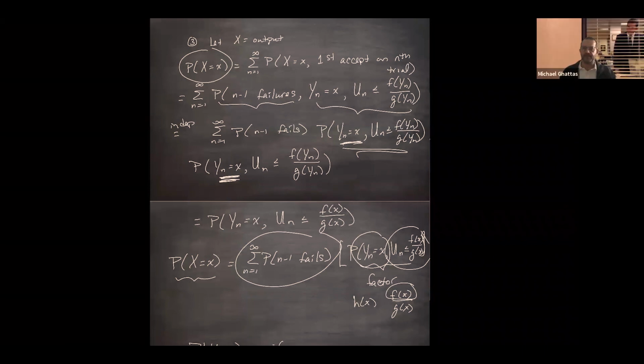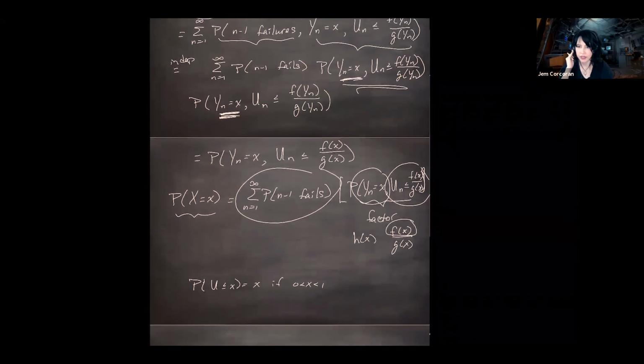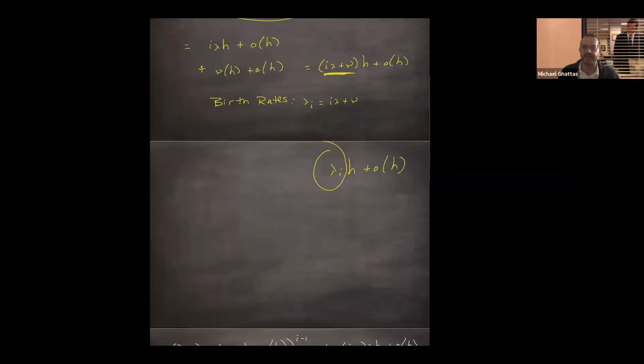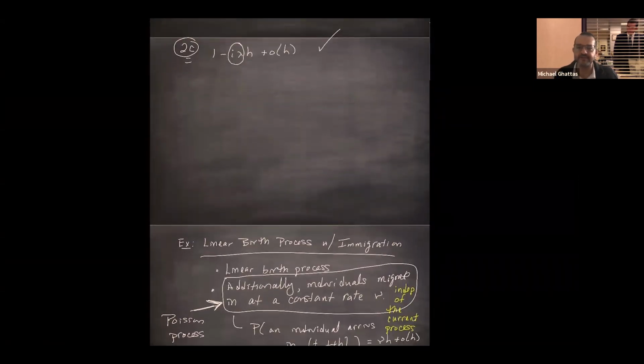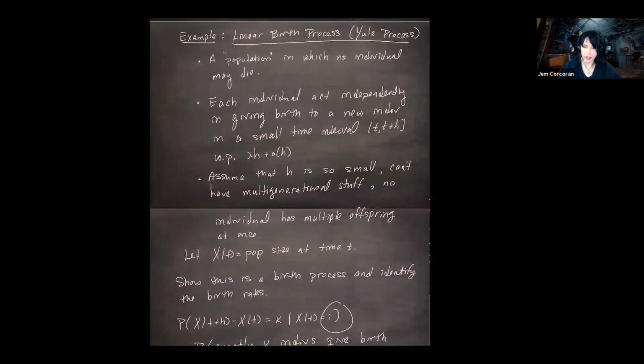Sorry, Jim, I realize I might be getting annoying, but could I get that last one? I wasn't sure what was there. Oh, that's just a point that you raised. And there was also the one before that, the one that started off with each individual acting independently. Yeah, I think that's this linear birth process. Each individual acts independently in giving birth to a new individual.